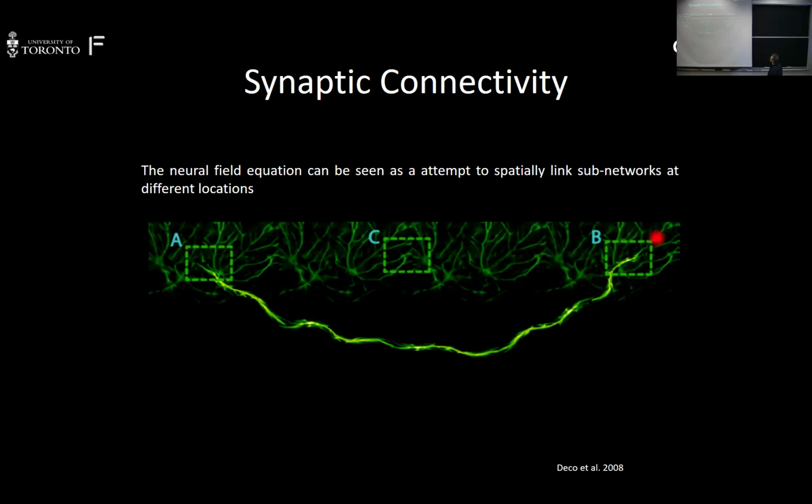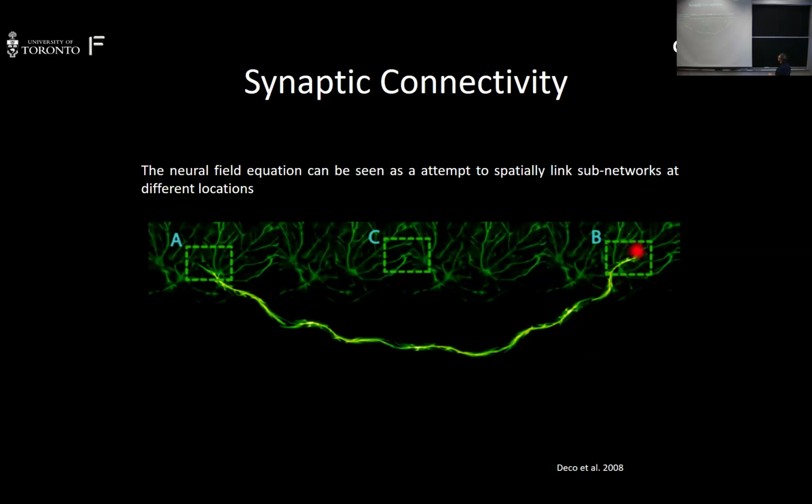Now, the point that these authors are making, which I don't want to get to, is that there are two ways of dealing with long-range connections like this. One is to assume, which is not a bad assumption, that it's one part of a continuous distribution of axons.